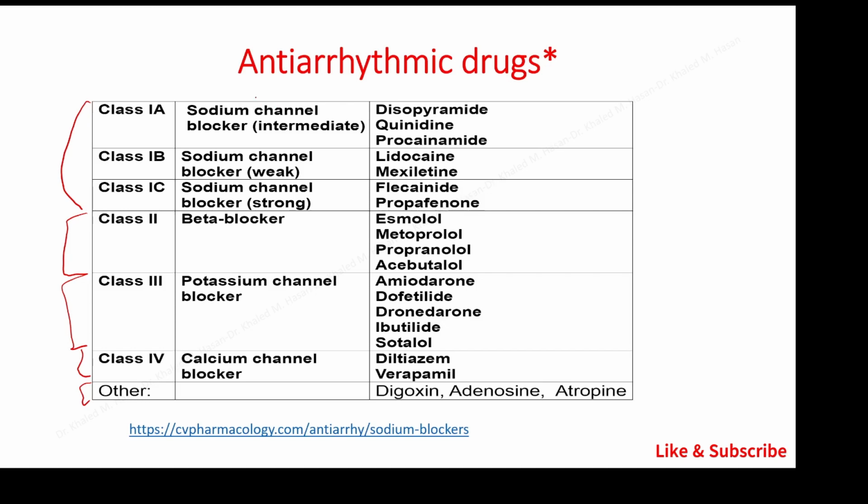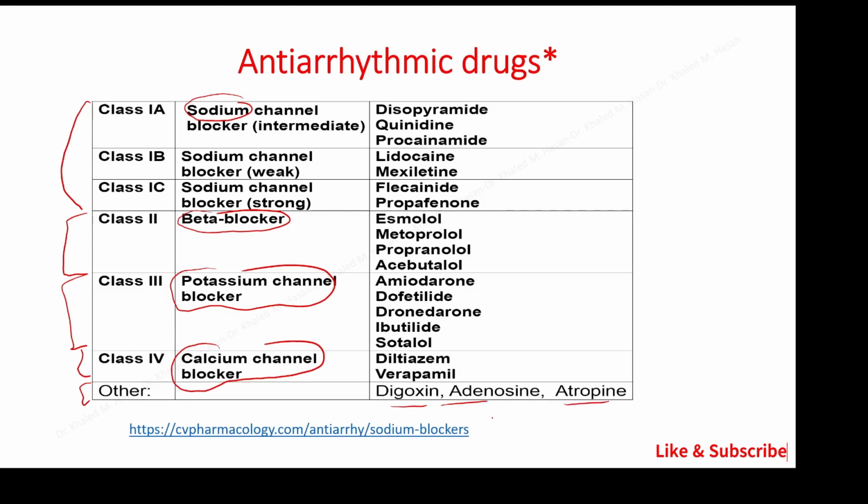Class 1 blocks sodium channels. Class 2 are the beta blockers. Class 3 are potassium channel blockers, and class 4 are calcium channel blockers. For the other, we have digoxin, adenosine, and atropine.